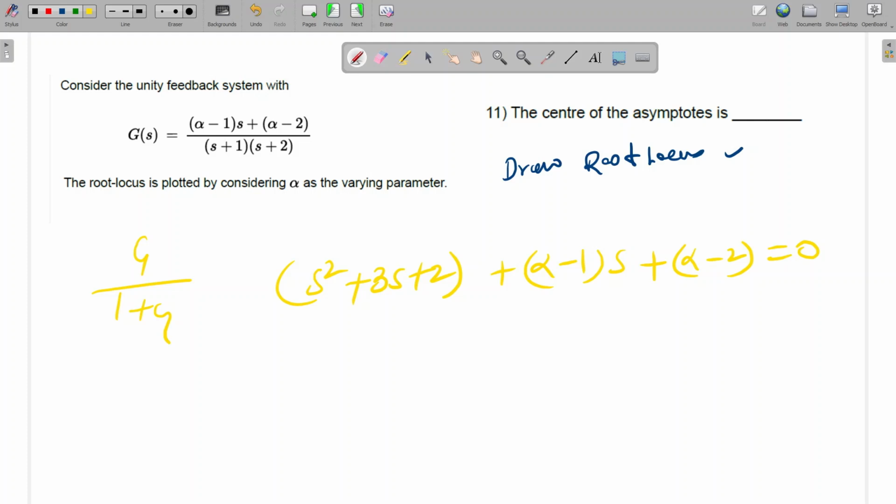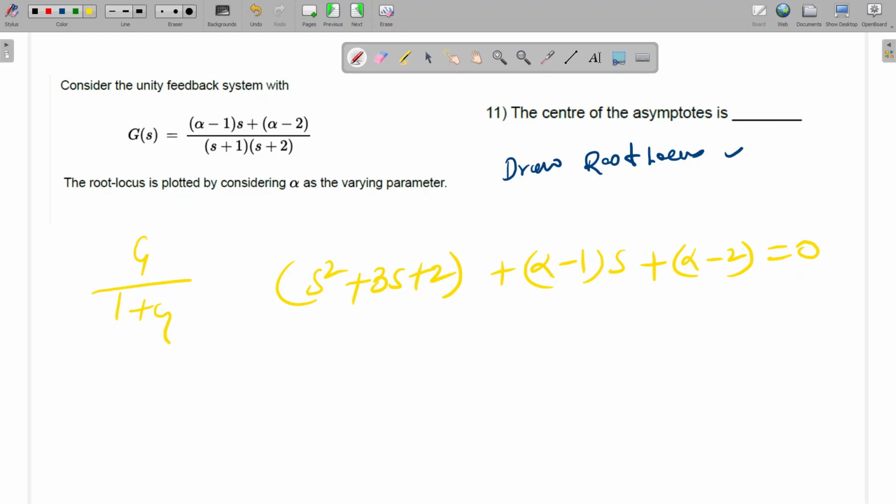Is this the characteristic equation for this one? Is it clear up to now?